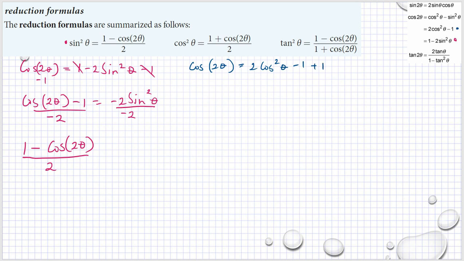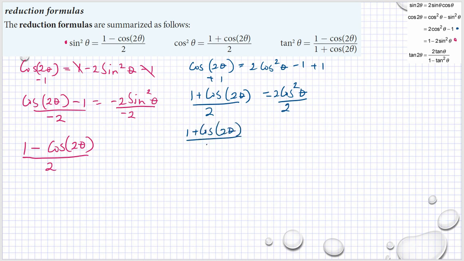If we add 1 to both sides of the equation, then we have 1 plus cosine 2 theta is equal to 2 cosine squared theta. If we divide both sides of the equation by 2, then we have 1 plus cosine 2 theta divided by 2 is equal to cosine squared theta.